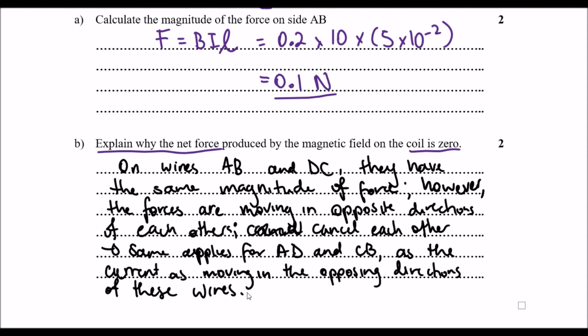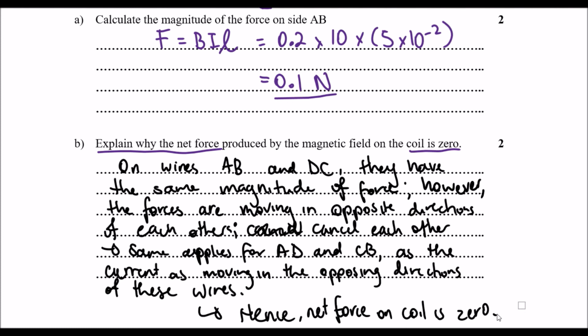Okay, so probably didn't word it as succinctly as I should have, but what you can say is the reason why there is a net force of 0, so hence net force on coil is 0.